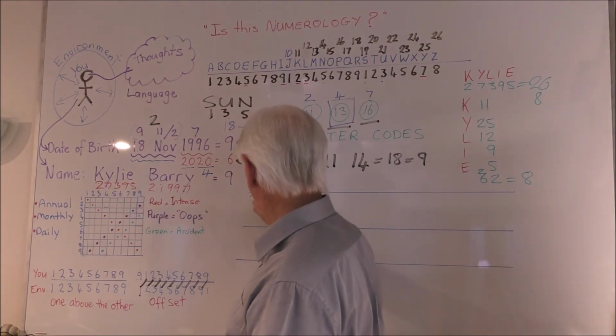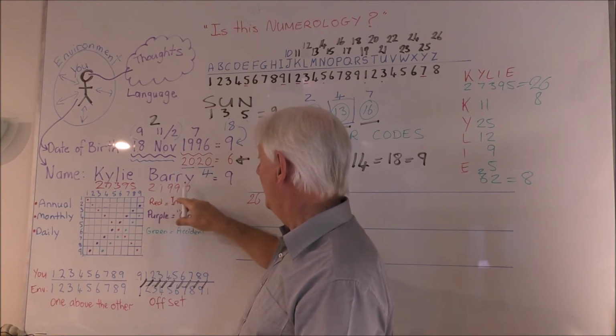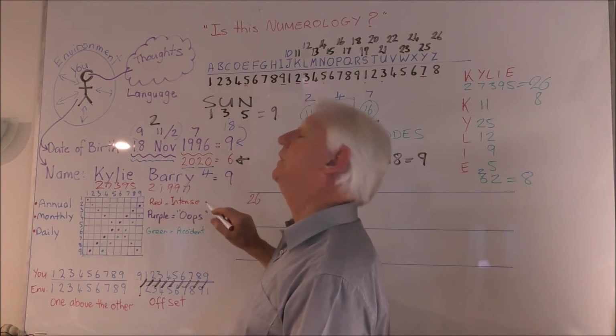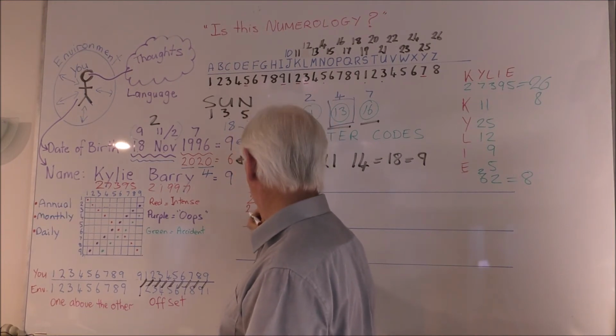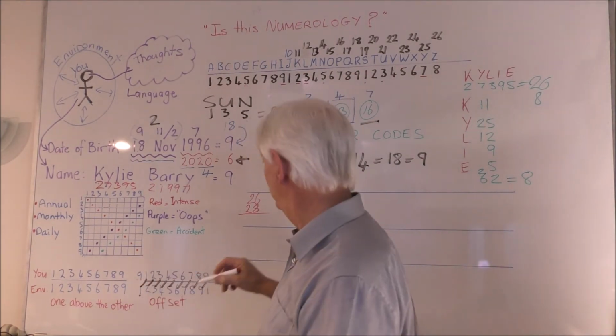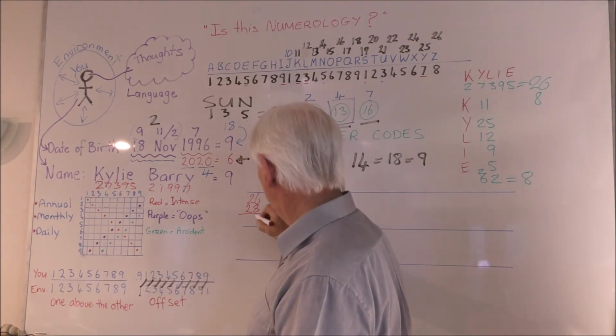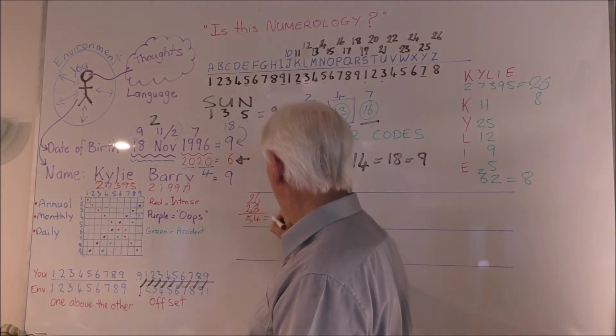I'll write 26 down. 2, 3, 12, 21, 21, 28. Did I get that right? 21, 7, 28. Yeah, so 28. None of this has been pre-done. I'm just doing it straight off ad lib. 6 and 8 is 14. 2, 4, 5, 54. And 5 and 4 equals 9.